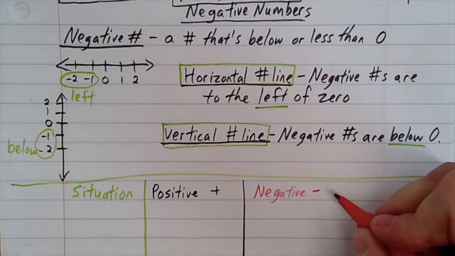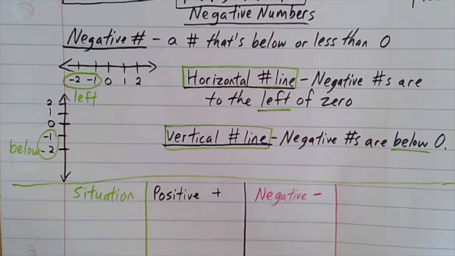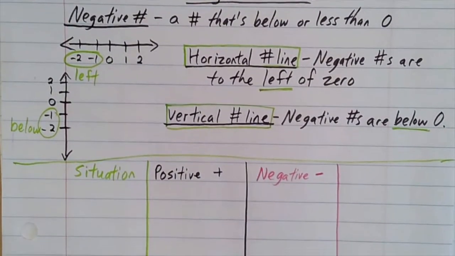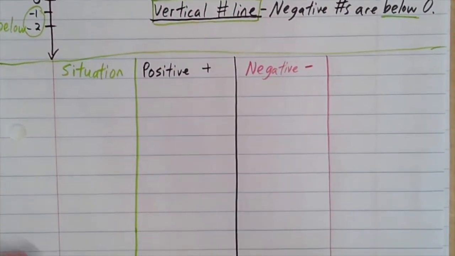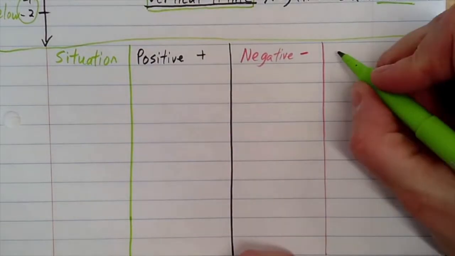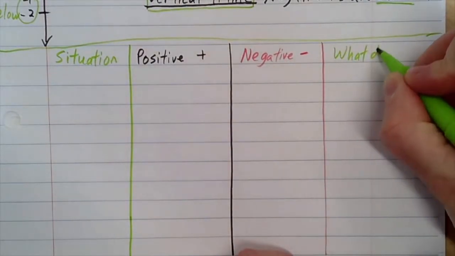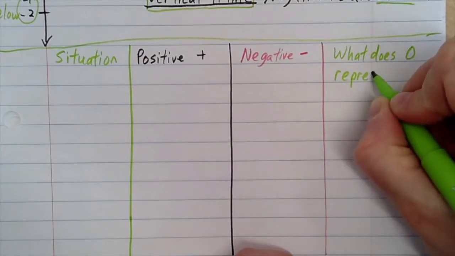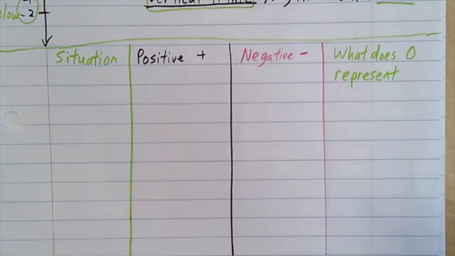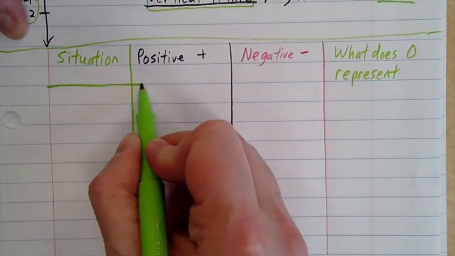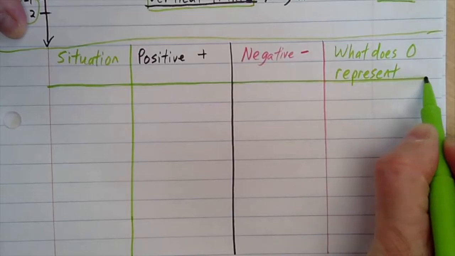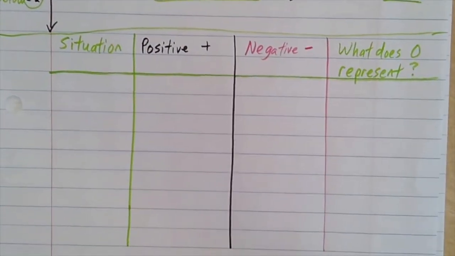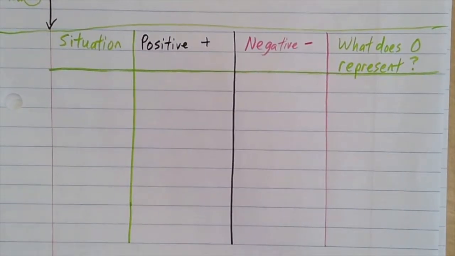Minus. And then I'll go back to green. What does 0 represent is what I'm going to say over here. What does 0 represent? I'm going to kind of make a table here and trace this blue line. I guess I should put a question mark there. What does 0 represent? So in our table here, there's different situations we're going to have positive and negative numbers.